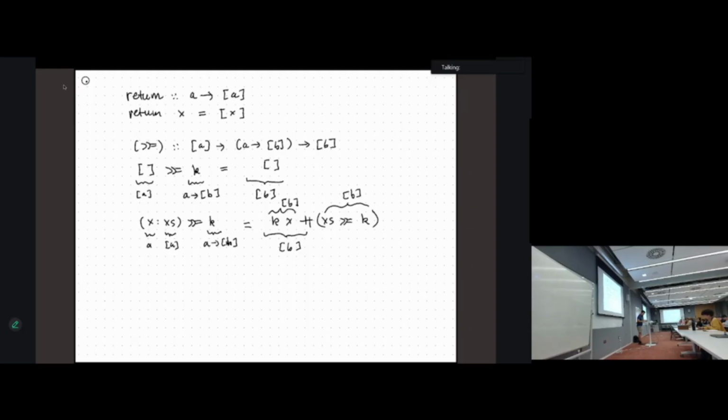Yeah. So Azalea's question is, what goes wrong if we said that return was the empty list, I think, is that right? So by definition it's this, but we wanted the law p bind return is equal to p for all p. Oh, that seems to be okay.